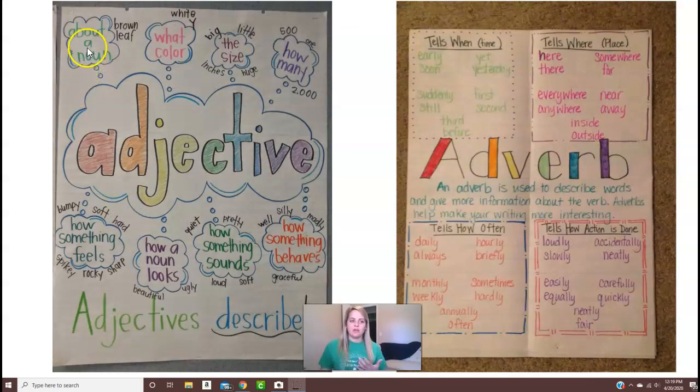So adjective, it's about a noun. It could tell the color, the size, how many, how something feels, how it looks, how it sounds, or how it behaves. An adverb might tell you the time.